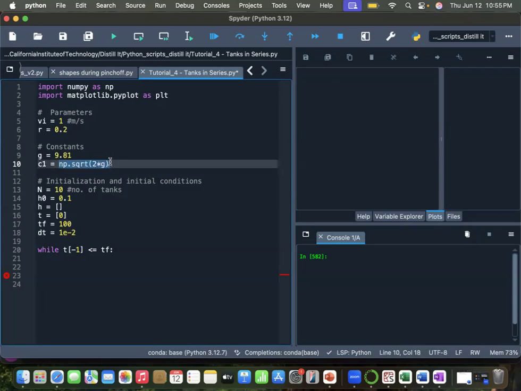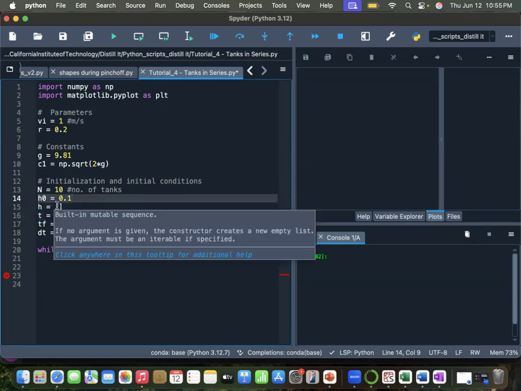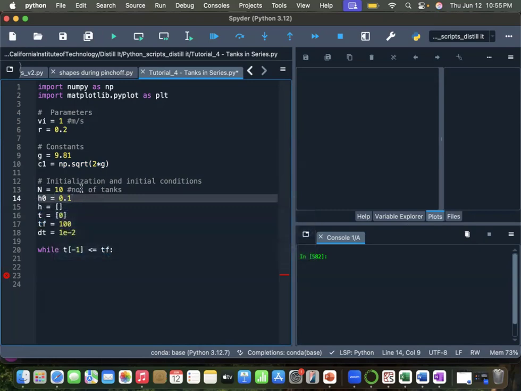Just like the last tutorial, we next move on to initialization and definitely initial conditions. So we have the number of tanks. We've taken it to be 10 right now. This is the initial height that I have given at the moment. And then we have the H array, similar to the velocity arrays that we had for multiple particles in the previous tutorial. We could have the height arrays for multiple tanks, right?